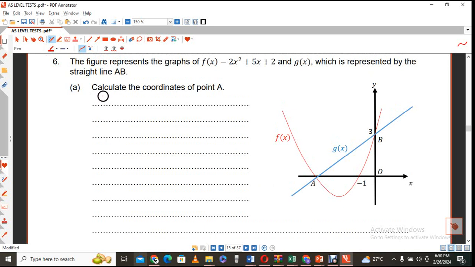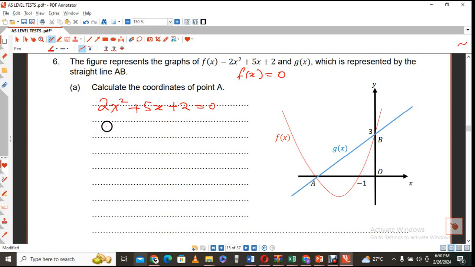So you'll be saying, okay, if you want to find the coordinate of A, then f of x should equal 0. That means you let the equation 2x squared plus 5x plus 2 equal 0. And then obviously you go ahead and do your factorization.